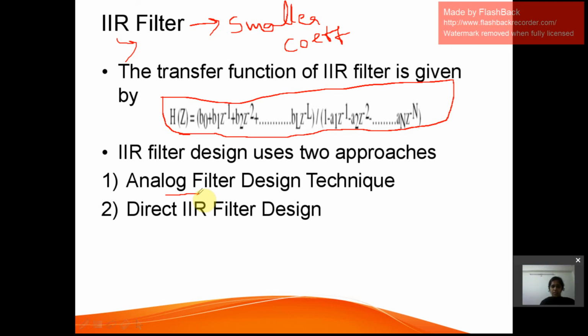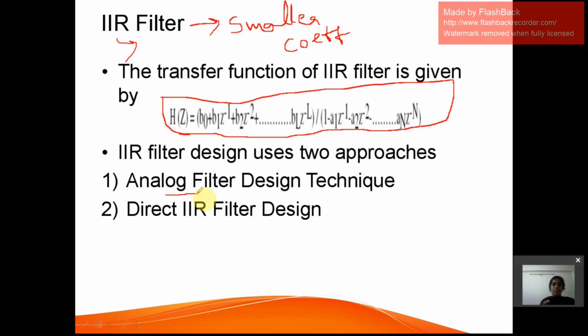What is the general analog filter design technique? The digital filter design is obtained from the analog filter design.